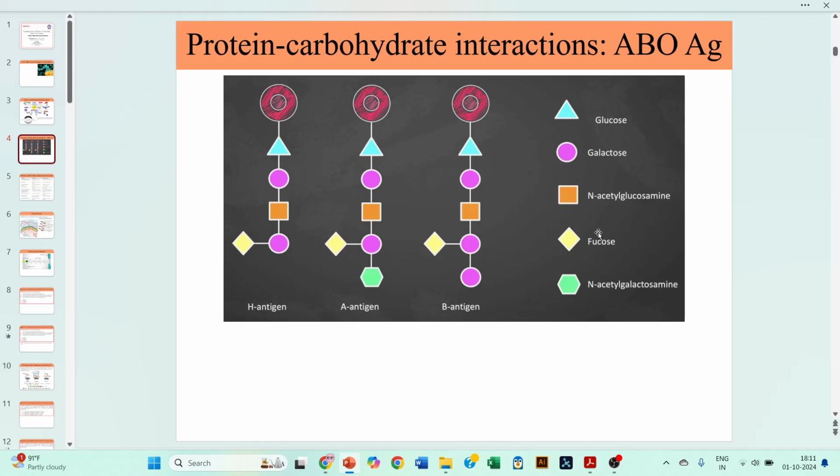These are the different oligosaccharide and carbohydrate moieties that are attached. There is glucose, there is galactose, there is N-acetyl glucosamine, and then there is glucose. And N-acetyl galactosamine is there in A antigen. There is galactose in case of B antigen, and H antigen does not have these particular groups.